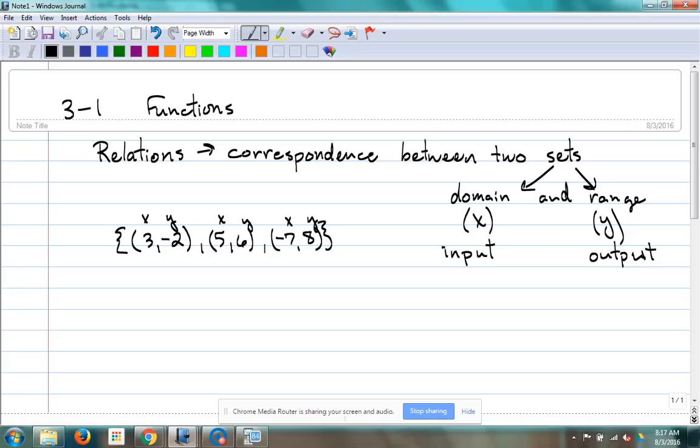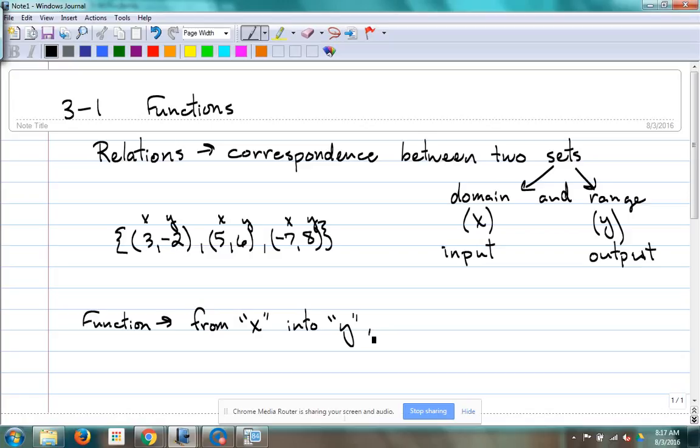Okay, so a function is a special type of relation. A function from x into y is how we normally do functions. We take x values and we get y values from those. So we got maybe an equation, and we plug in the x's and get the y values to go with that. That's normally how we do a function.